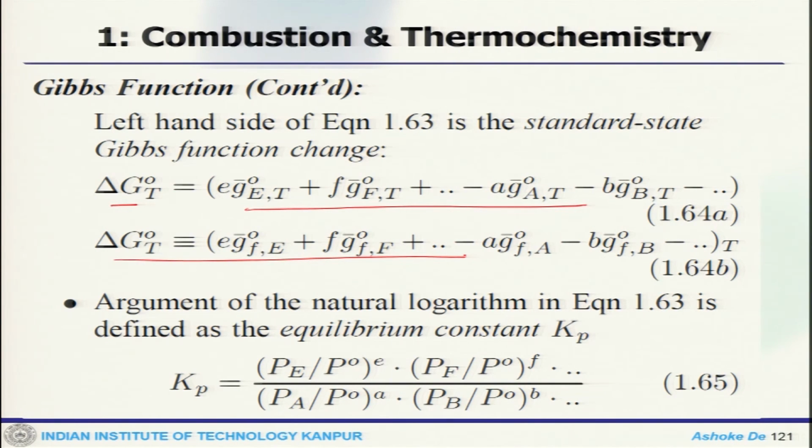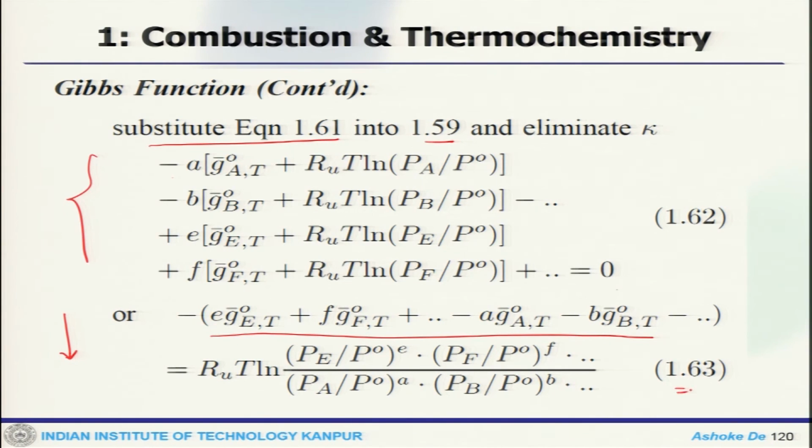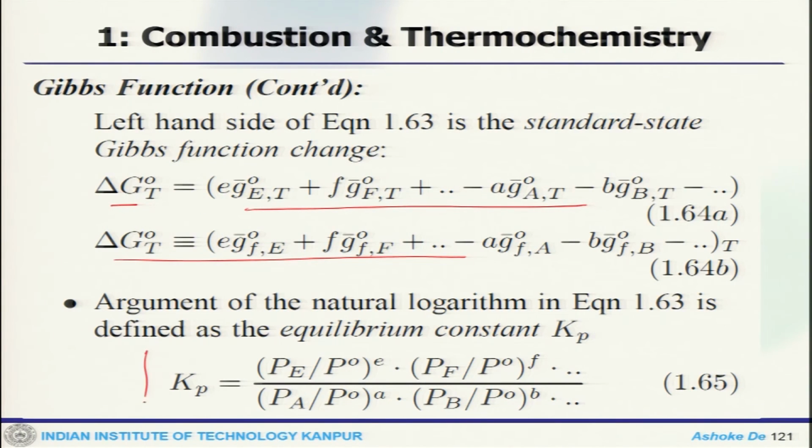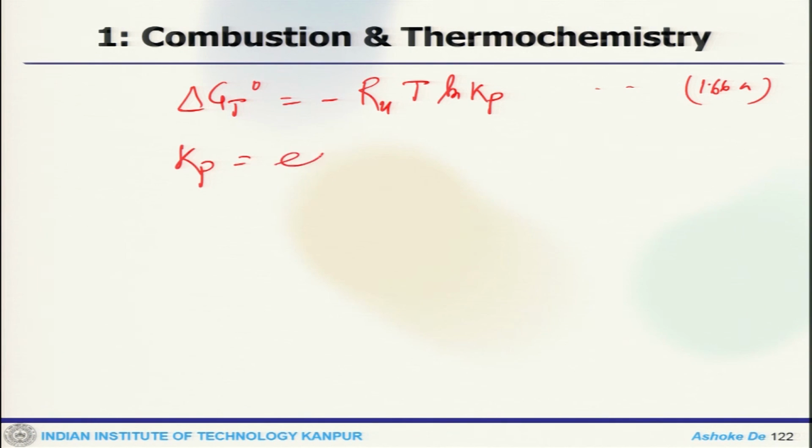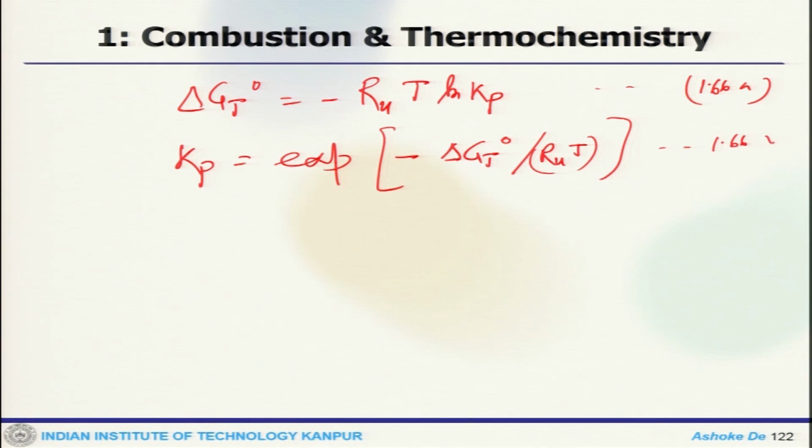So if you take the natural logarithm of the previous equation, you get the equilibrium constant Kp in terms of all the partial pressures. So then one can write that delta G naught is minus Ru T ln Kp, which is your 1.65, and Kp is exponential of minus delta G naught by Ru T, which is 1.66.